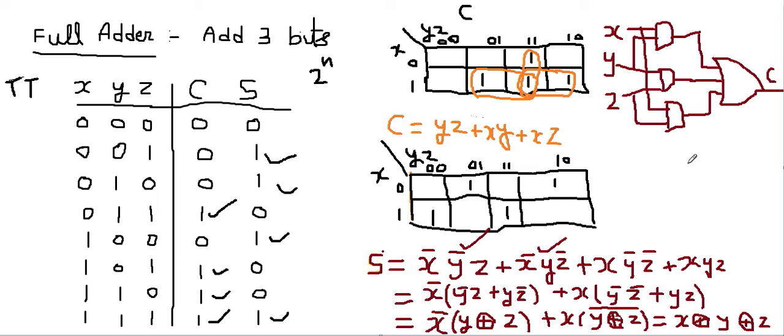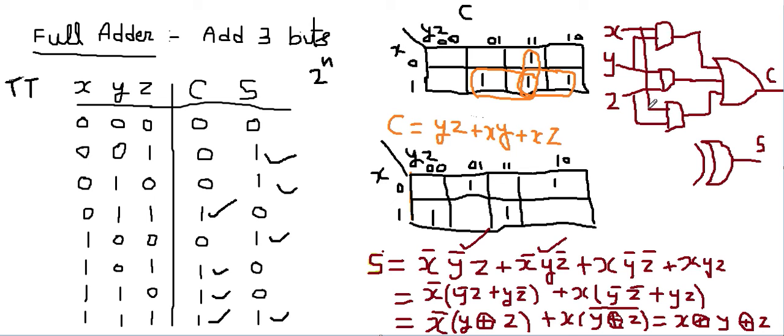And for S we have nothing but an XOR gate, which is very simple. So we have S here. Now x, y and z, all three are fed to this XOR gate.